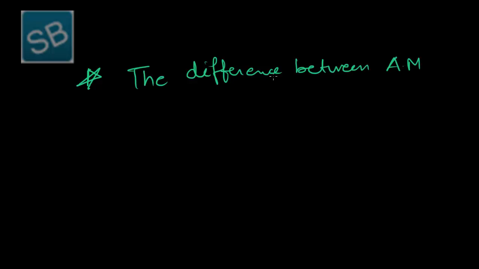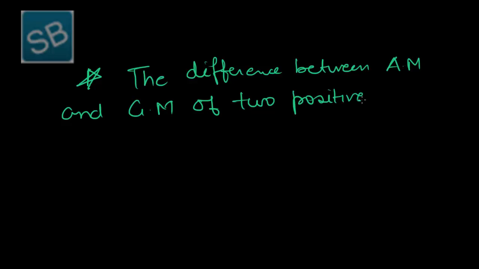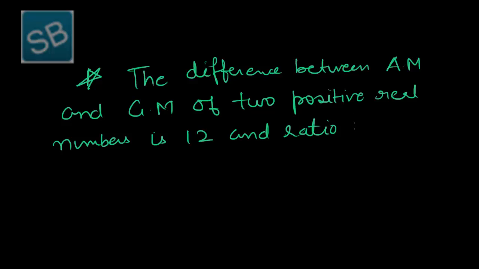Now the next problem is: the difference between the arithmetic mean and geometric mean of two positive real numbers is 12 and the ratio of these numbers is 1:9.